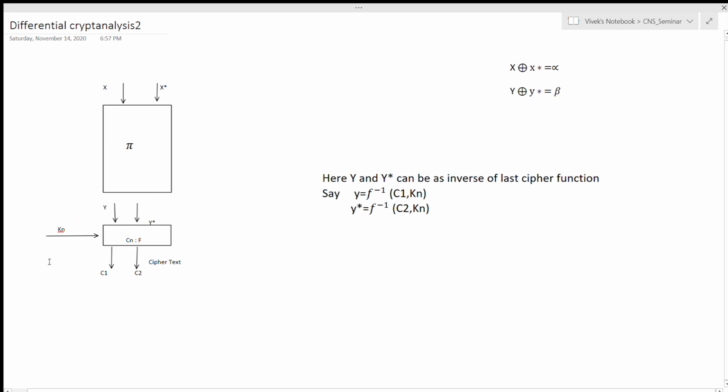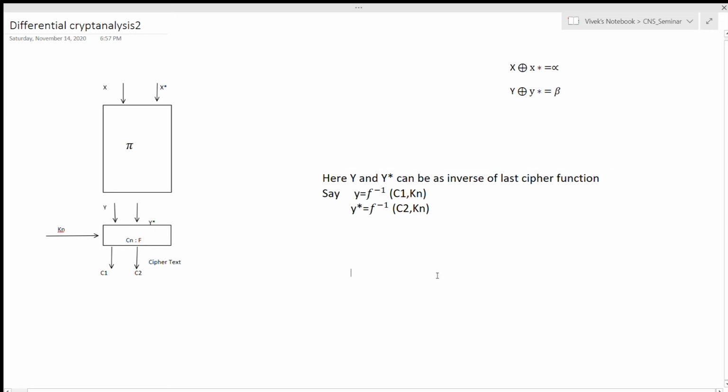So to find the value of kn, we have to find the value of y from c1 and y star from c2. This means y should be f inverse of c1 with respect to the key kn, and y star should be f inverse of c2 with respect to kn.